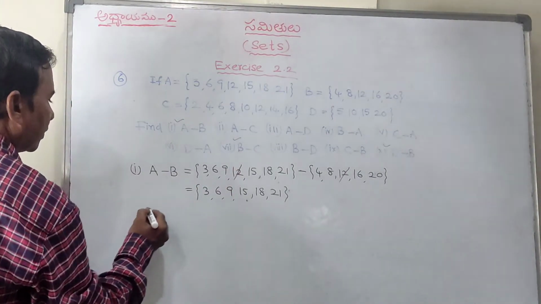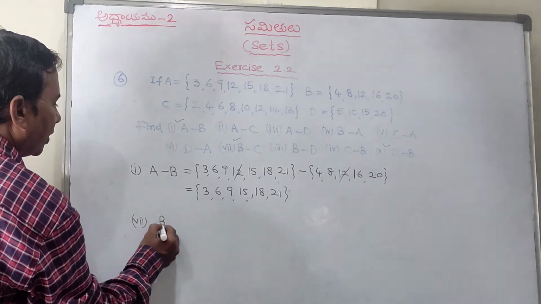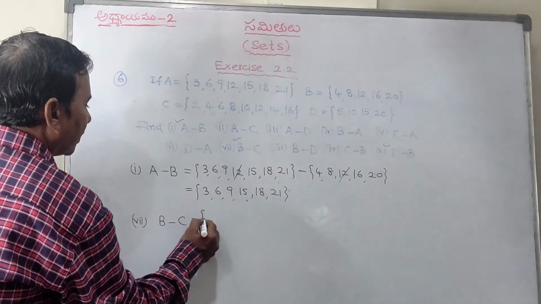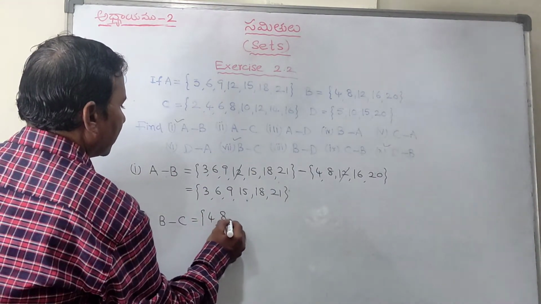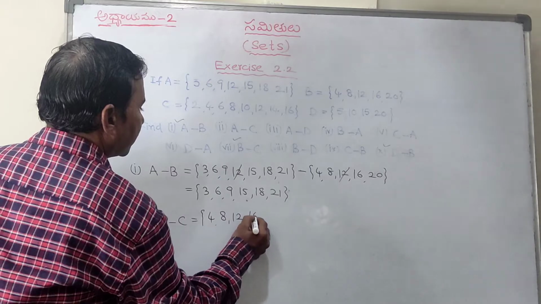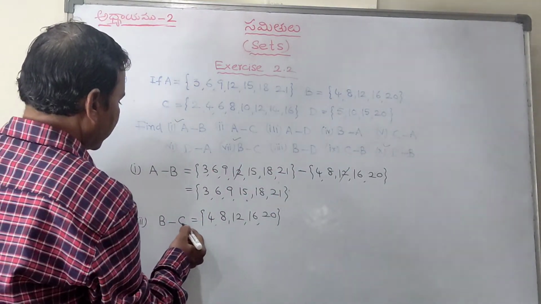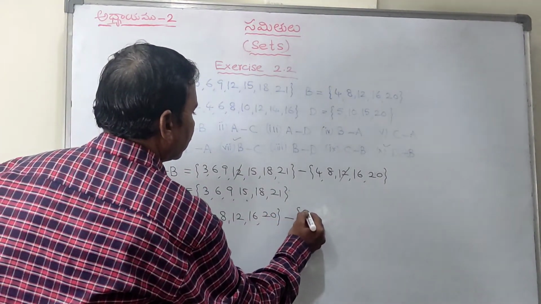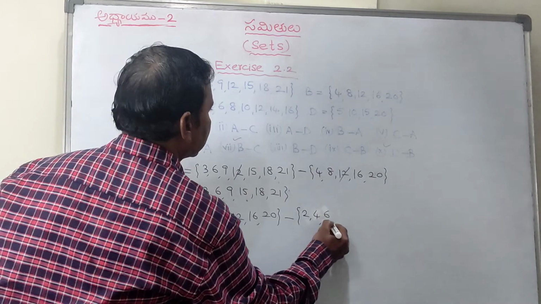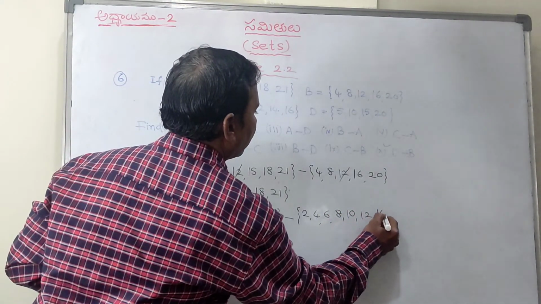Now take down another problem, the seventh one, B minus C. What is the B set? We have to write here 4, 8, 12, 16, 20. This is B, minus C. The C set is 2, 4, 6, 8, 10, 12, 14, 16.